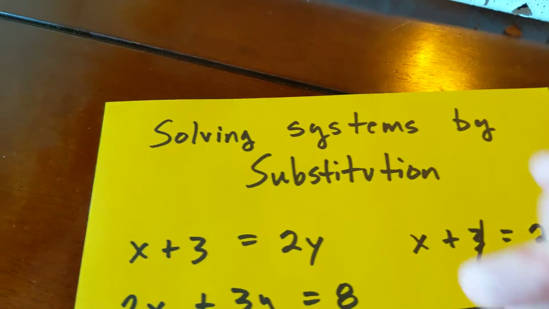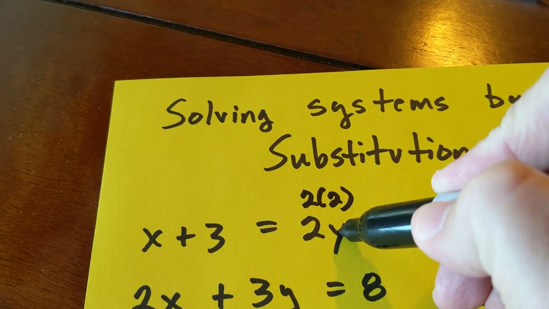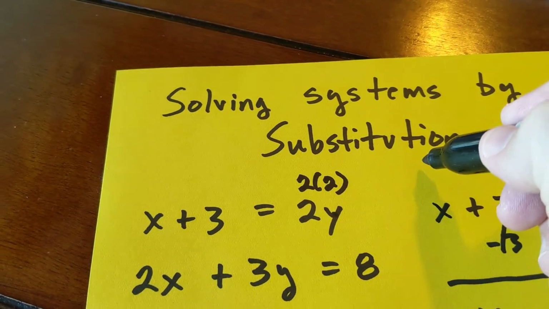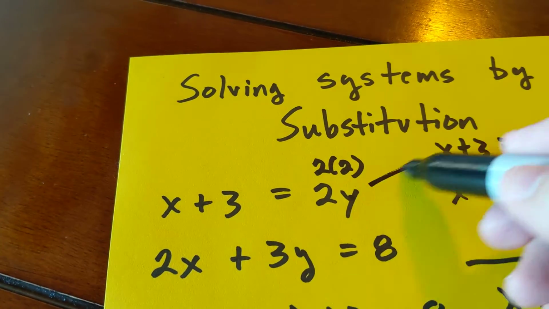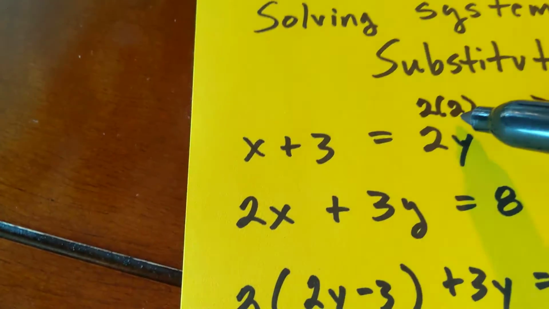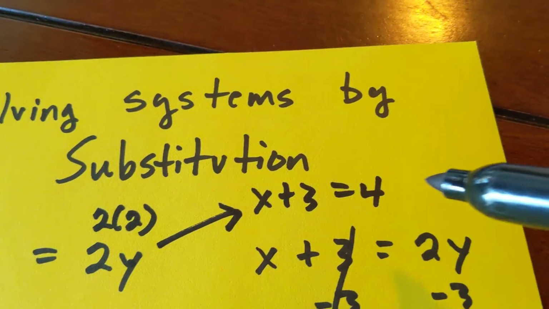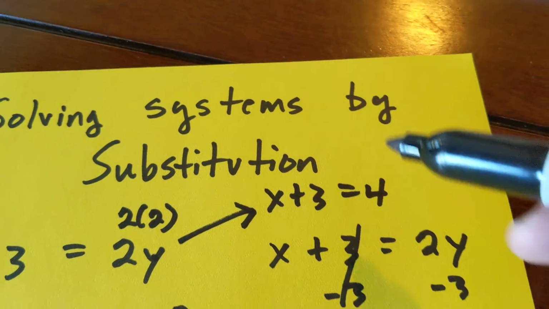Now, if I come back up here and I put that 2 in right there for y, I see that that's 2 times 2, which is 4. So this becomes x plus 3 equals 4. So what number plus 3 equals 4? Well, 1.